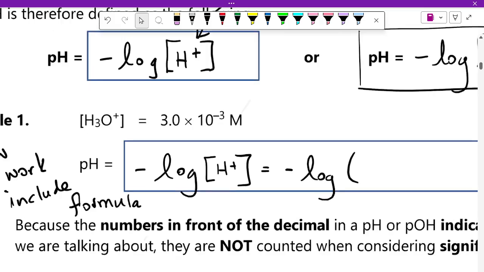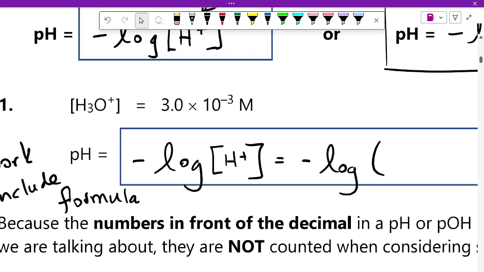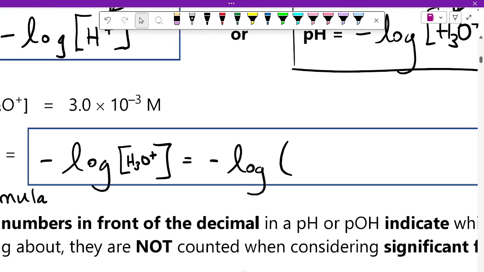In this case, actually I should have written hydronium because that's what we are given, H3O plus. So that's the negative log of 3.0 times 10 to the negative 3. And we don't have to put a unit in there because pH does not have a unit.